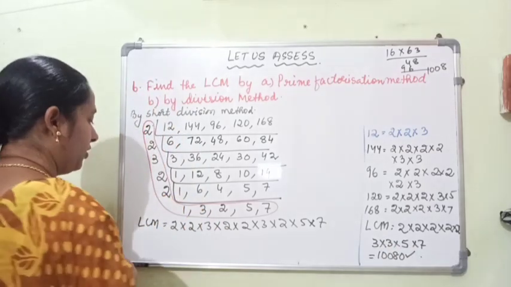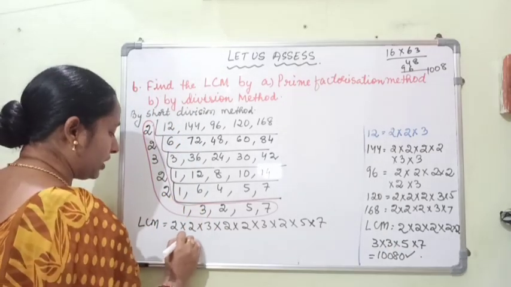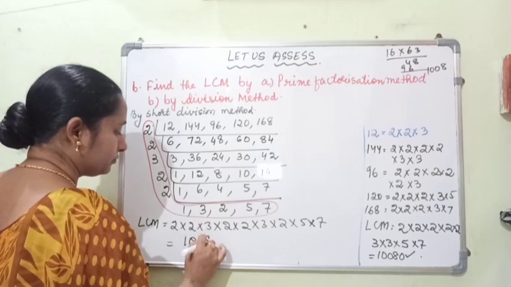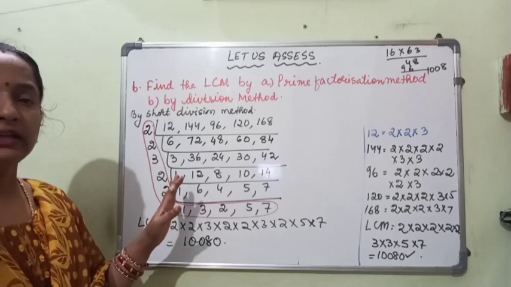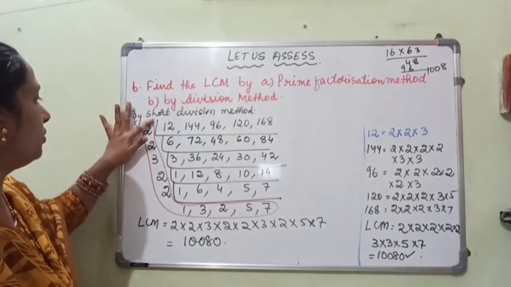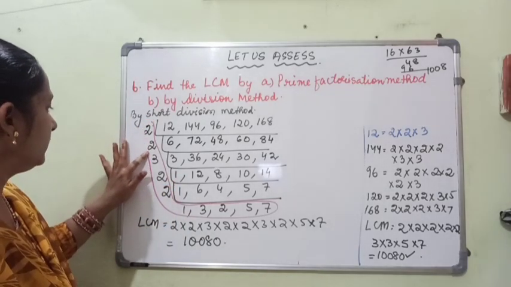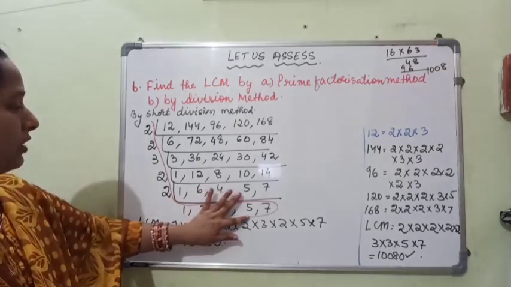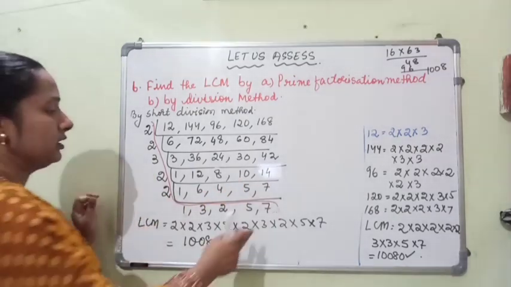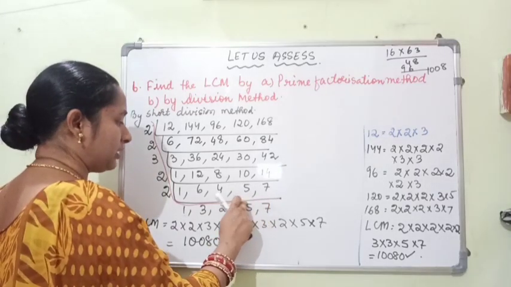So obviously you will get the same product. This is the way we found the LCM by short division method, and the previous method was prime factorization method.